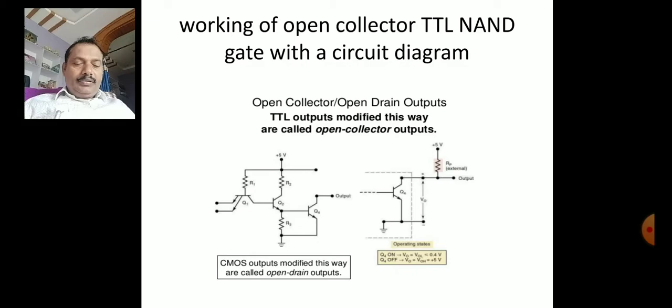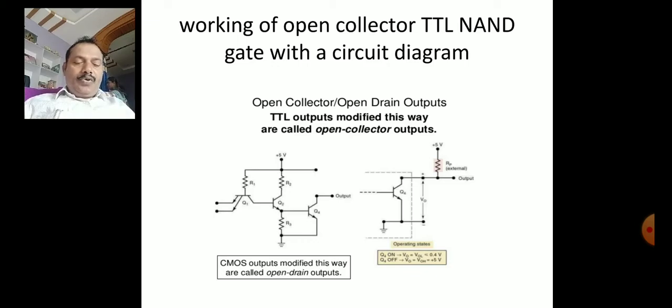If one of the inputs is at logic 0, the corresponding emitter junction is forward biased. Hence, the collector junction is also biased to conduct. The transistor Q1 is found to be in saturation.